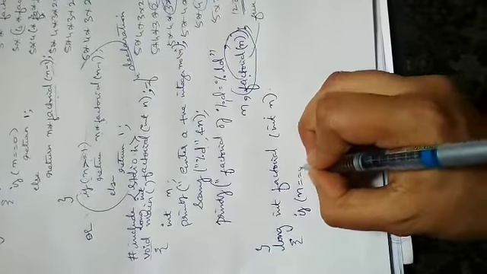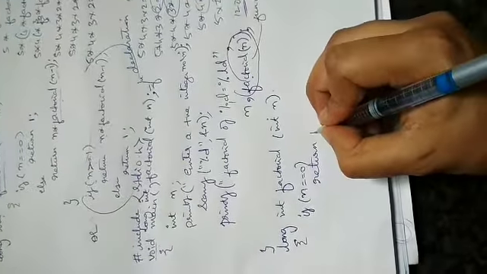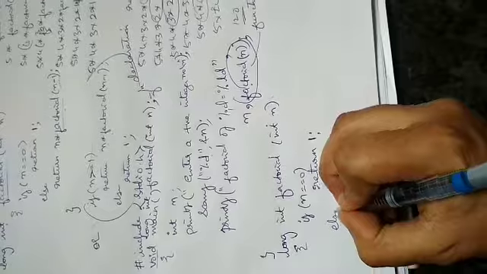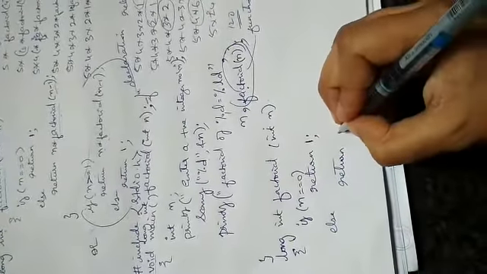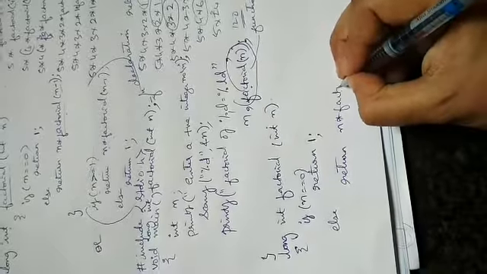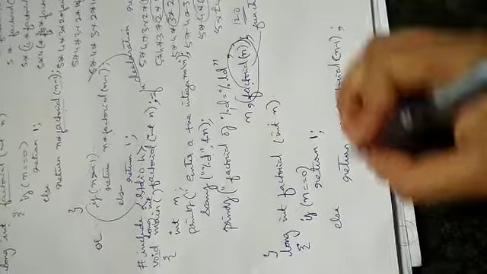If n is equal to 0, then we just return 1, else we return n into factorial of n minus 1. Then close the function. It's a very simple program.